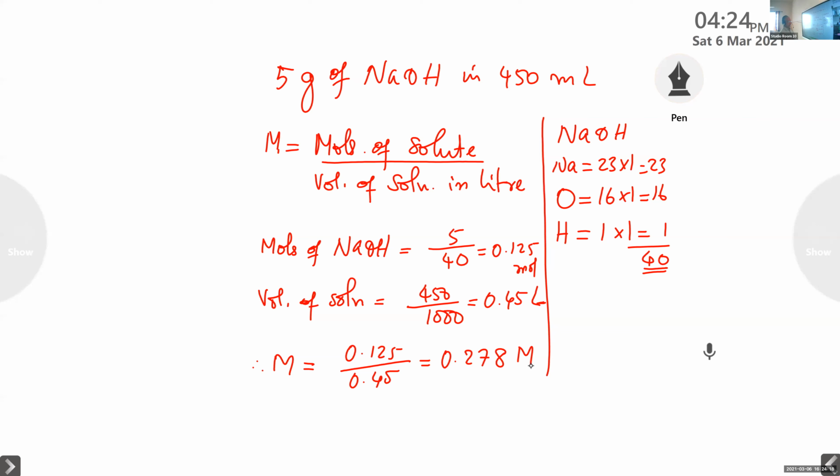Molar means mole per liter. So much mole per liter, the same as 0.278 mole per liter.